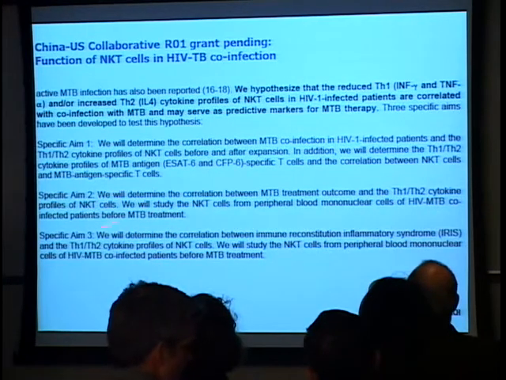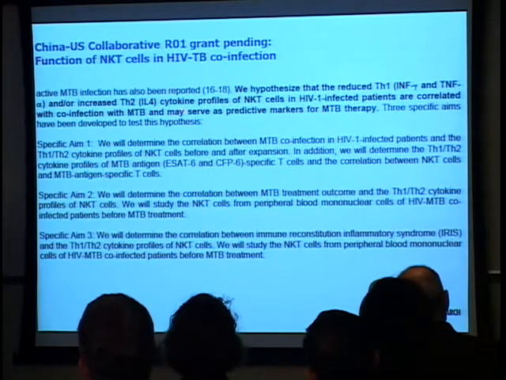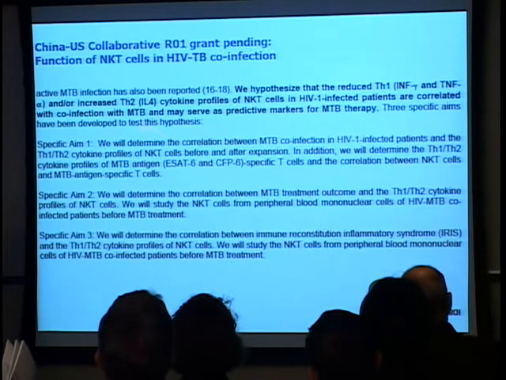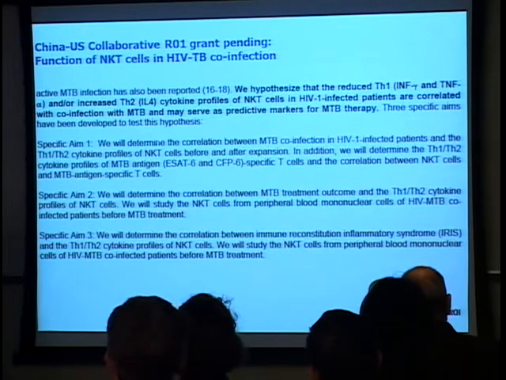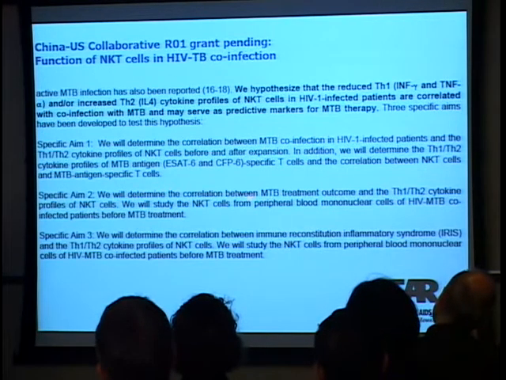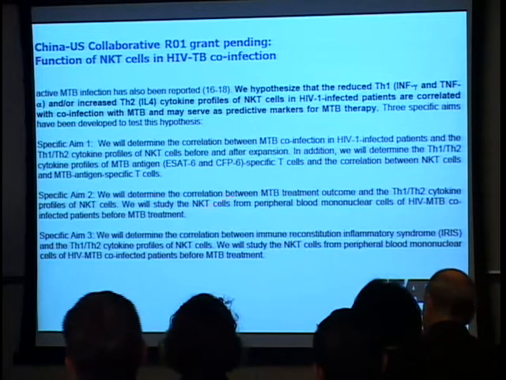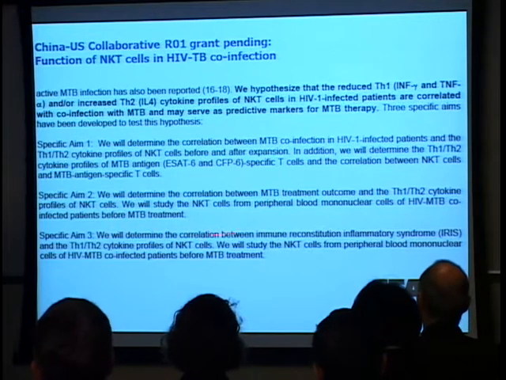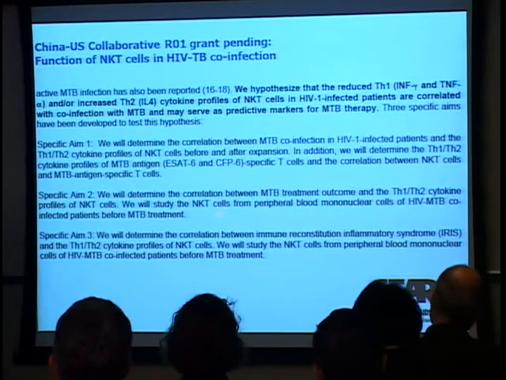Being encouraged by these results, we proposed this study, and we hypothesized that reduced Th1 and/or increased Th2 cytokine production of NKT cells are correlated with MTB disease and may serve as predictive markers for therapy. We proposed three aims to study the correlation between infection and NKT function, the correlation between the treatment outcome and the NKT function, and also the correlation with the IRIS.